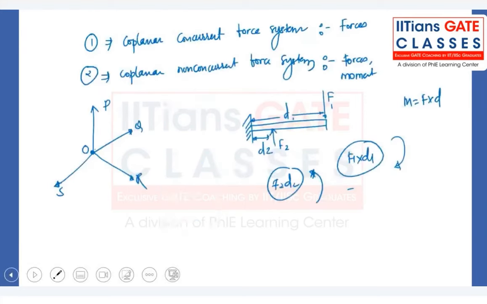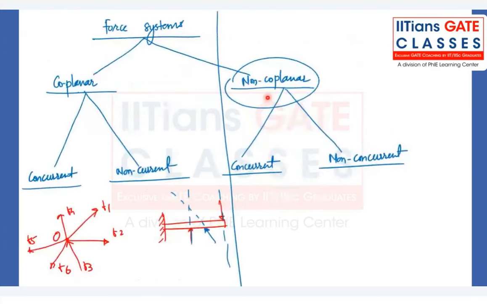Similarly, if it is non-coplanar, Fx, Fy, Fz equal to 0 will come in concurrent, and in non-concurrent, Mx, My, Mz will come. Just for your information, you should know what equations of equilibrium you can expect in a non-coplanar force system.